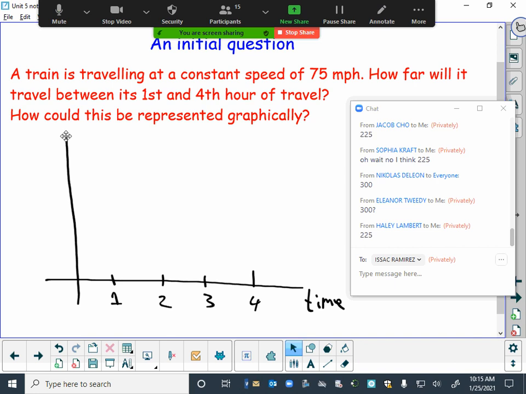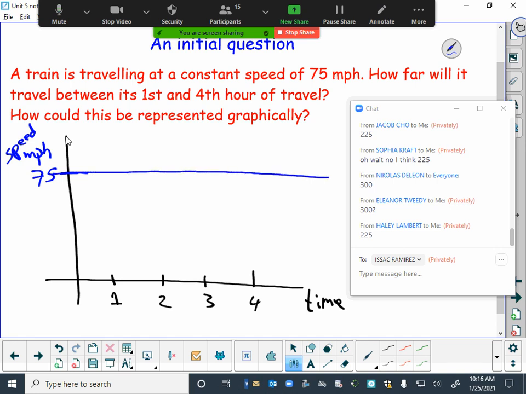And on the y-axis, if I put my velocity, or my speed, let's just call it speed because there's probably not 300 miles of perfectly straight track anywhere. We'll do our speed in miles per hour, and if we said this was the 75, then here is the graph of the speed.